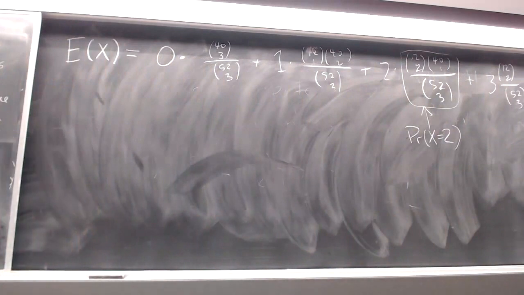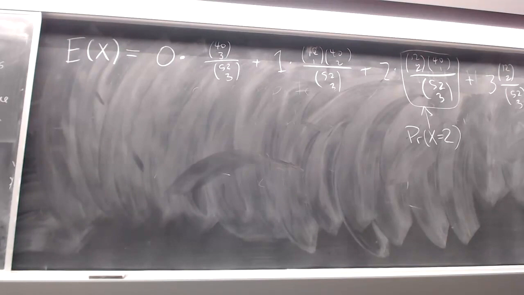Any other questions? Yeah. Exactly. So just to repeat that louder for everybody, if it's binomial, you can just say expected value equals n times p, and you're done, right?